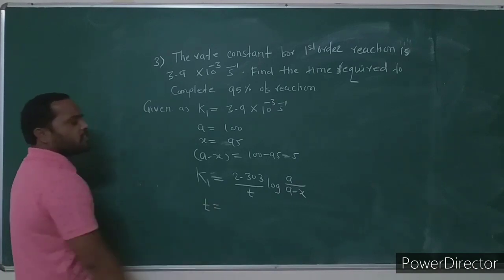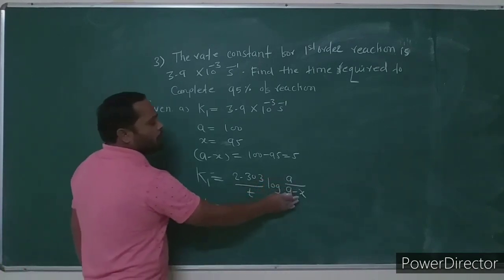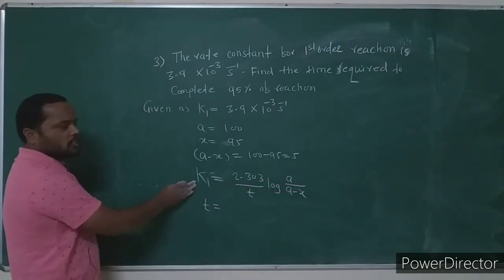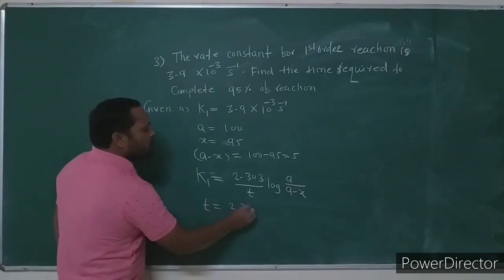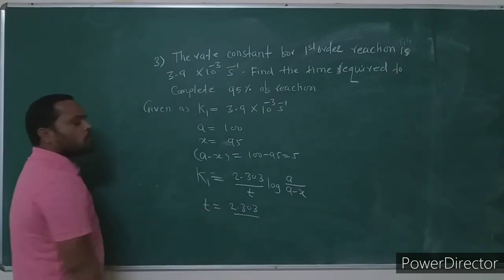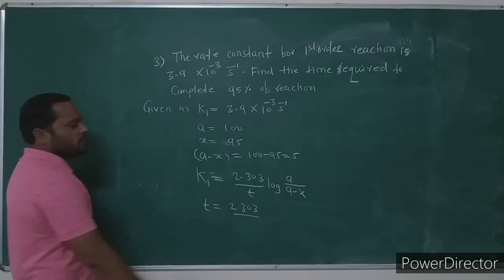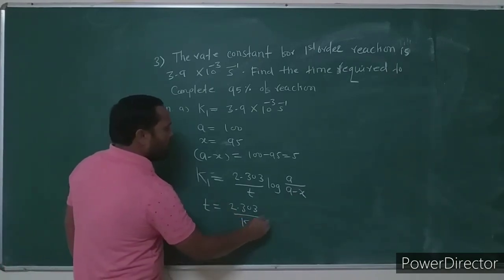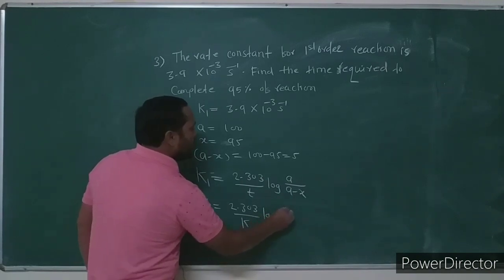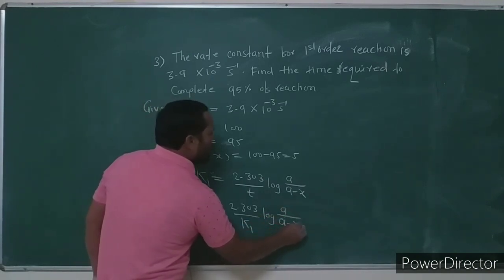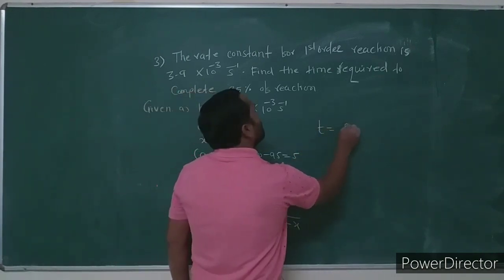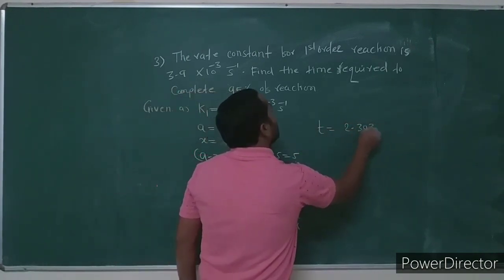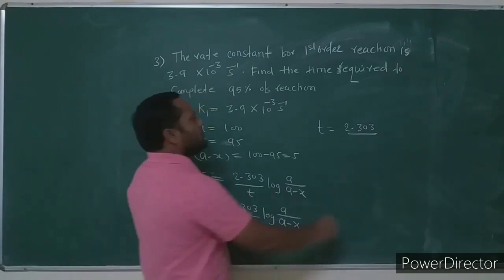We rearrange this equation. A minus X and K1 are known, given. Then we can determine the time. Time T is equal to 2.303 divided by K1 log A upon A minus X. Then we substitute the values.